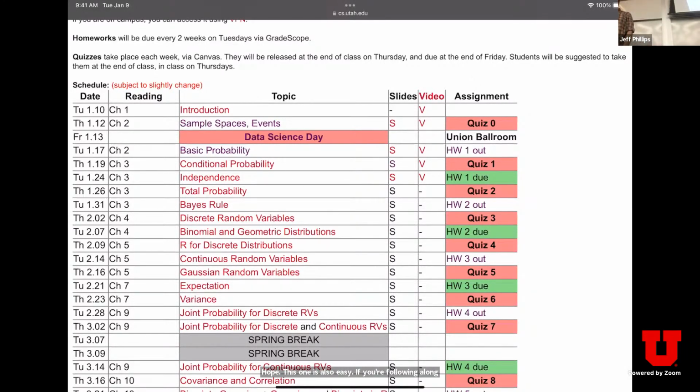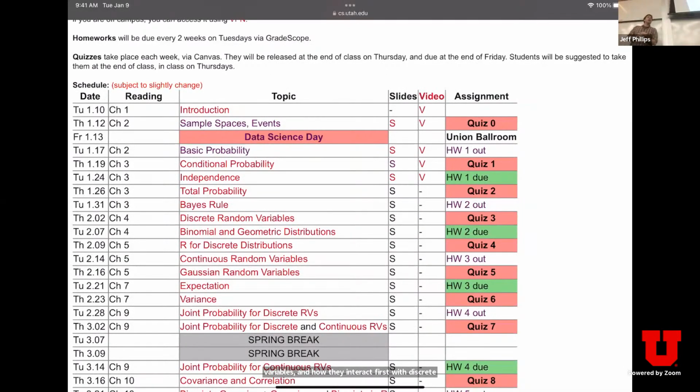So we have lecture today, and then Bayes' rule, which will be on Tuesday next week. This will wrap up the basic notions of probability. After that, we'll get into a concept called random variables and how they interact first with discrete distributions, then with continuous distributions.